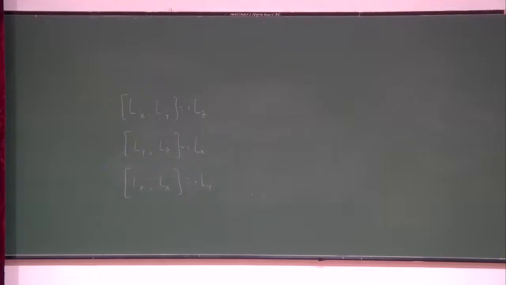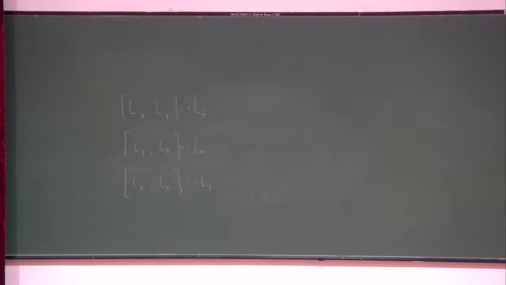Now, if L is equal to say 3, what is the size of the matrix? 7 by 7 matrix, which means you should find a 7 by 7 matrix of Lx, a 7 by 7 matrix of Ly and a 7 by 7 matrix of Lz. Correct? That is what you should get.